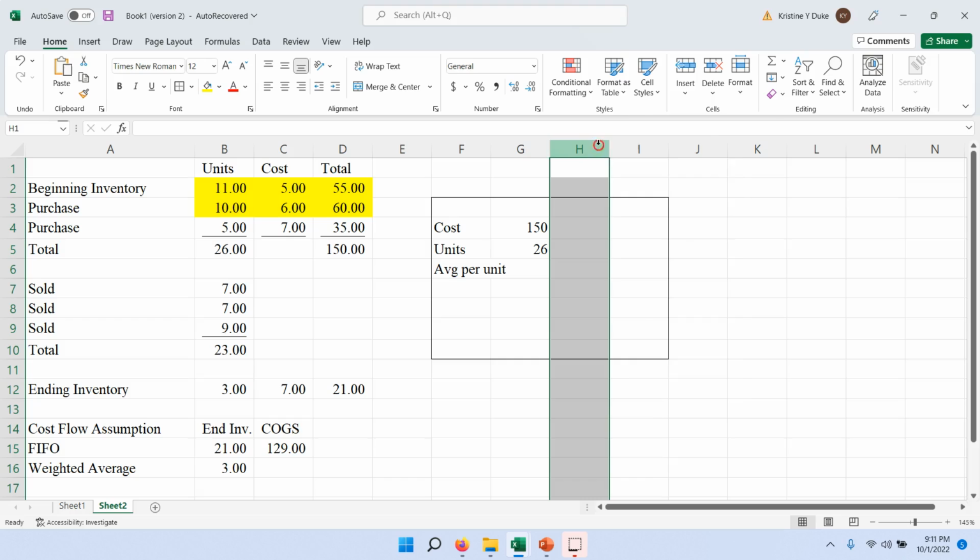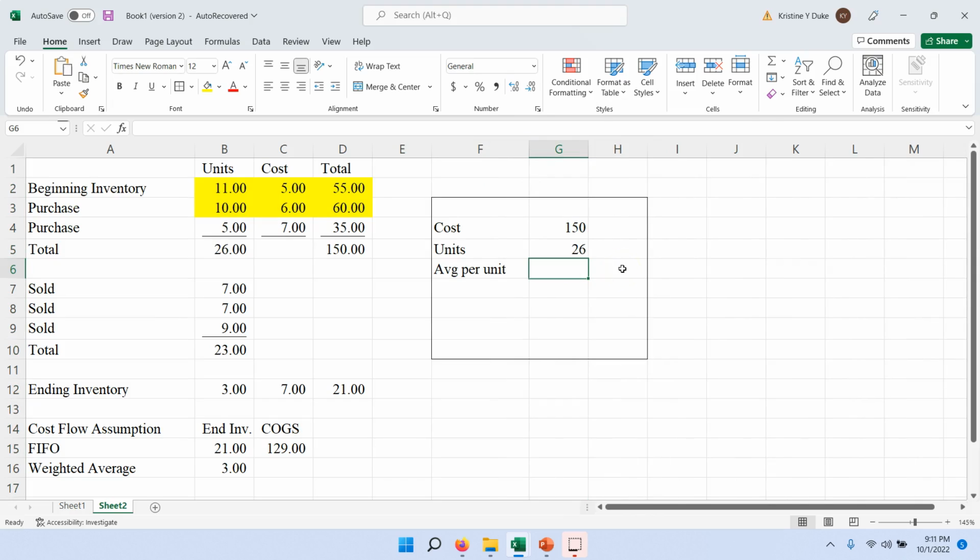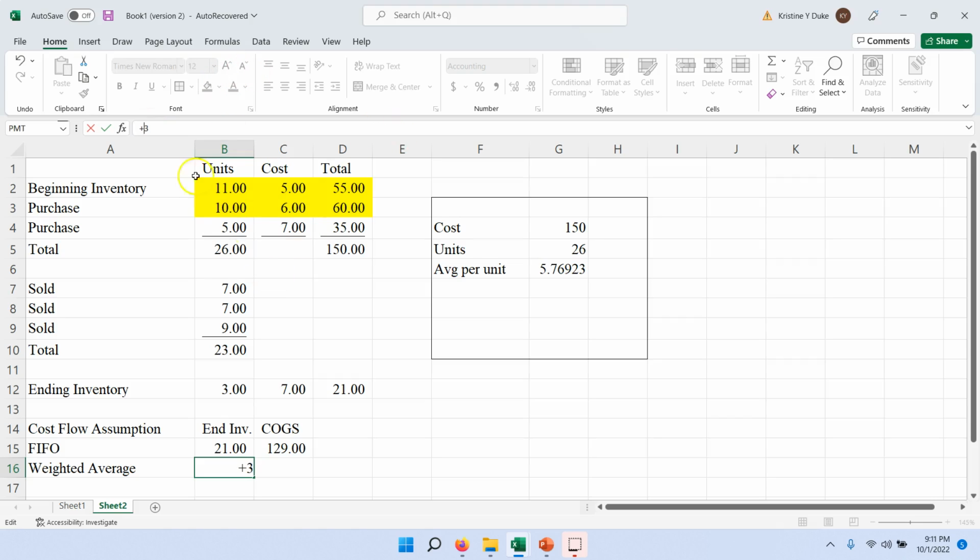And so my average per unit, we're going to get rid of this one. Bring that forward. I'm going to take that 150 and divide it by 26. There we go. That's my average per unit. And of course, we can round that. So now I'm going to look at this and say, my ending inventory, I just put it down as 3 units, but I really shouldn't have done that. Let's go plus 3 times the weighted average.